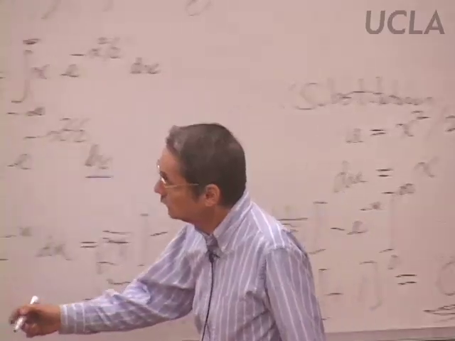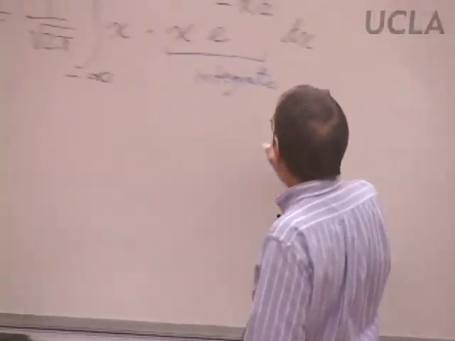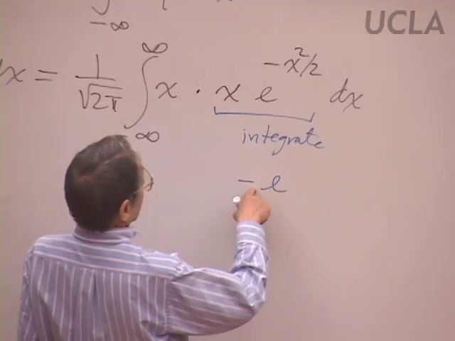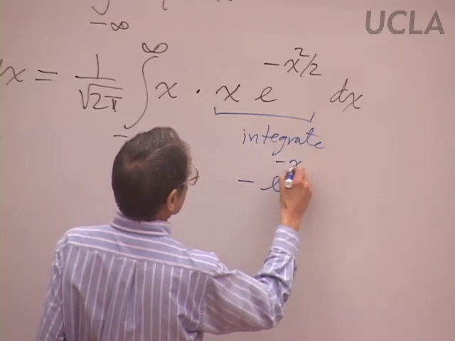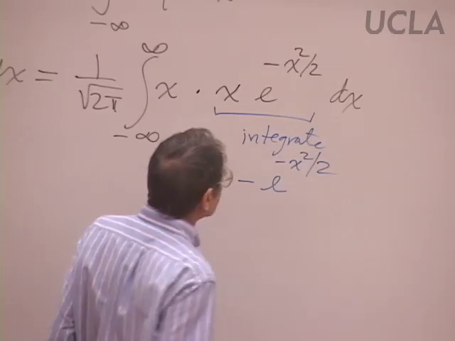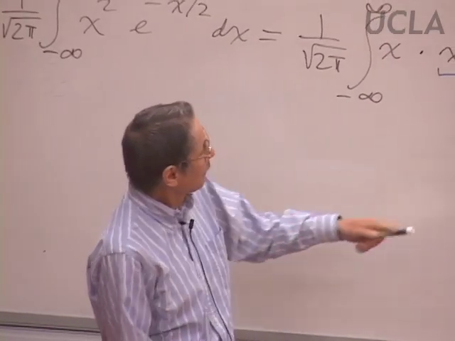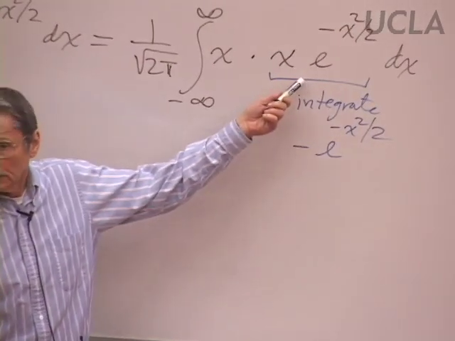We get minus e to the minus u. That is, here's an antiderivative for this second factor.